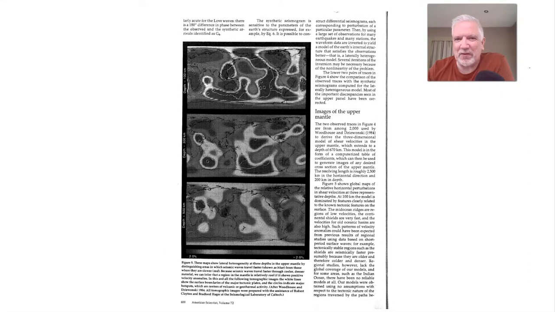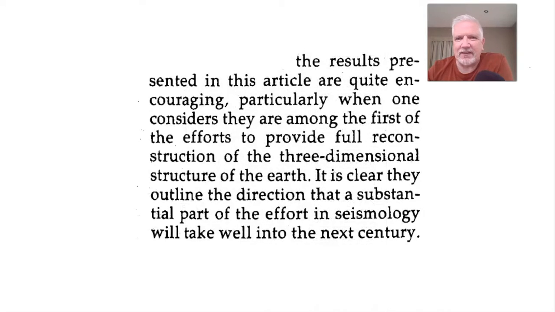The original one would have been in colour, but for the first time ever, these images appear to show what is happening in the mantle. The results, say the authors, presented in this article are quite encouraging, particularly when one considers they are among the first of the efforts to provide full reconstruction of the three-dimensional structure of the earth.